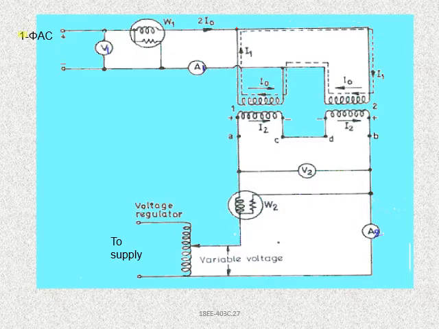This is the primary side, we are giving the supply, and this is the secondary side, we are taking to the load or to the supply. These two transformers are core type, identical transformers.